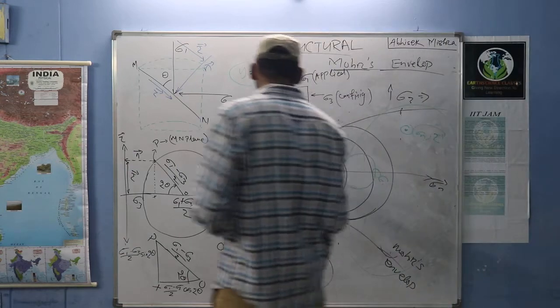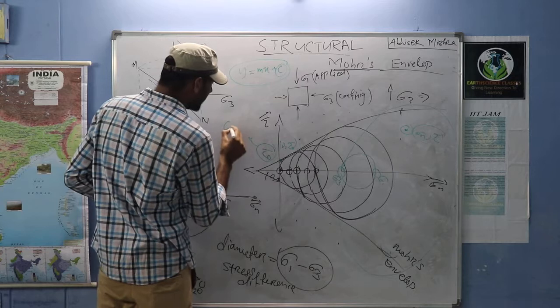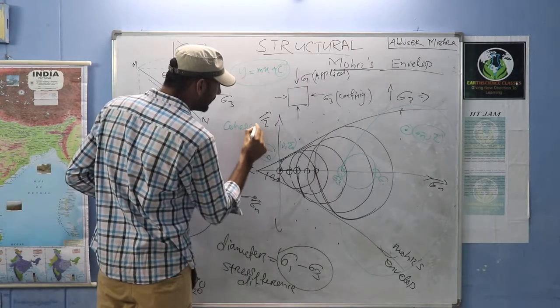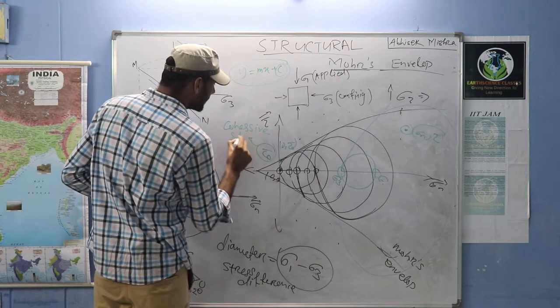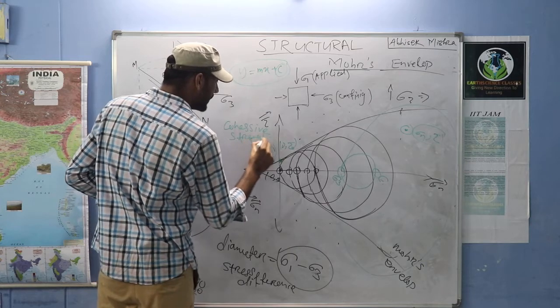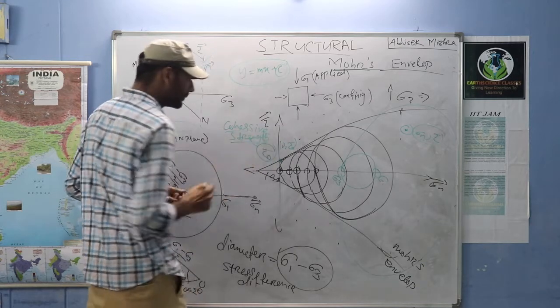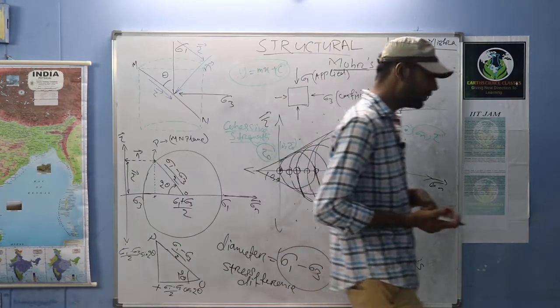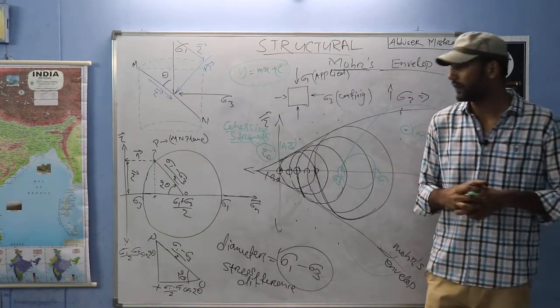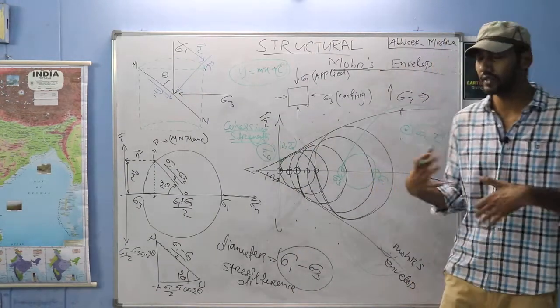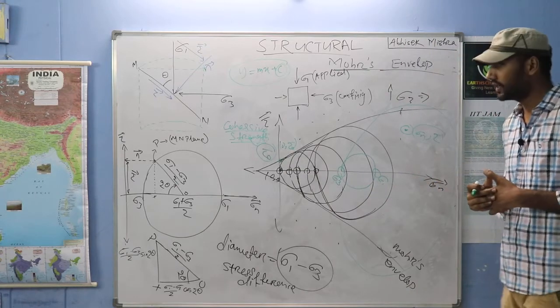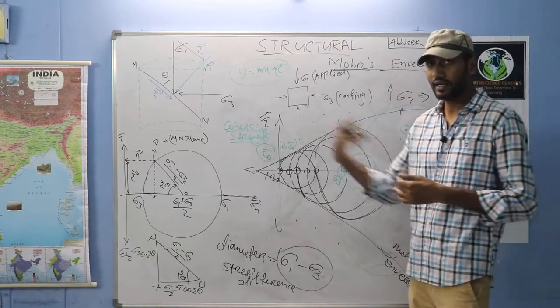This is known as cohesive strength. So what is cohesive strength? As all of you know, cohesion means the particle-particle interaction. Cohesion defines the particle-particle interaction in a material. Adhesion means particle and container.